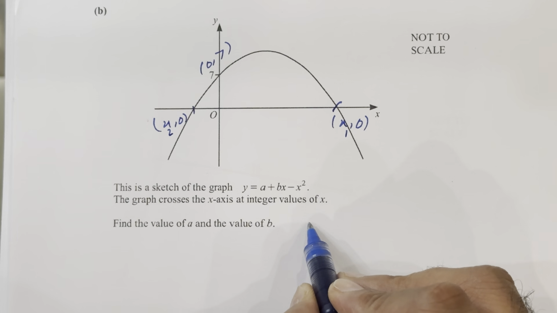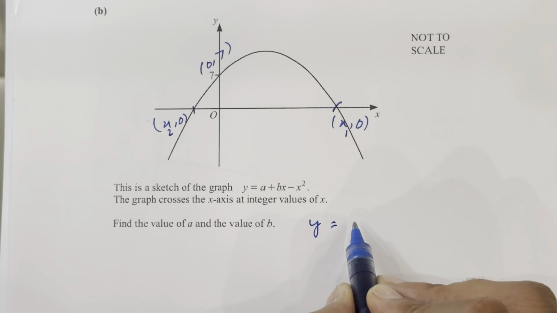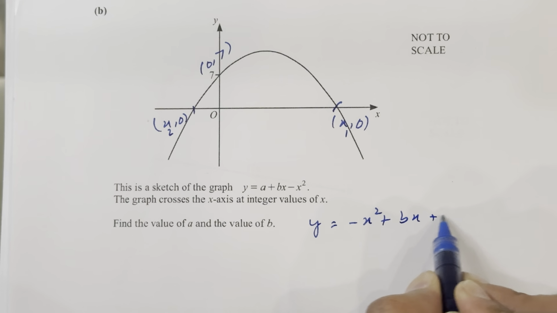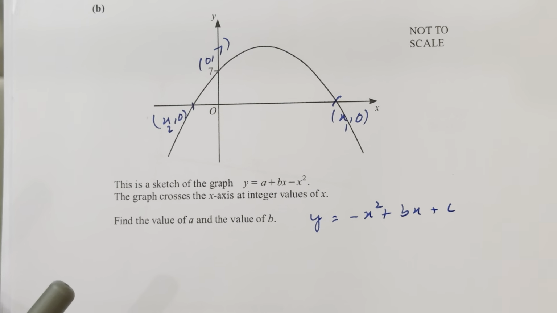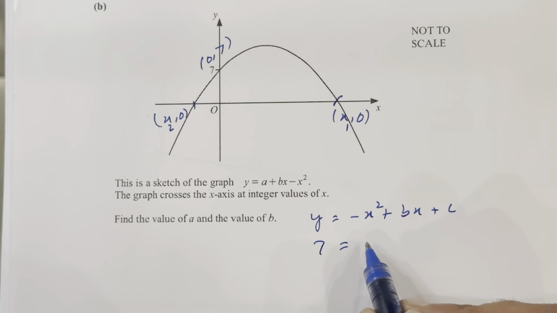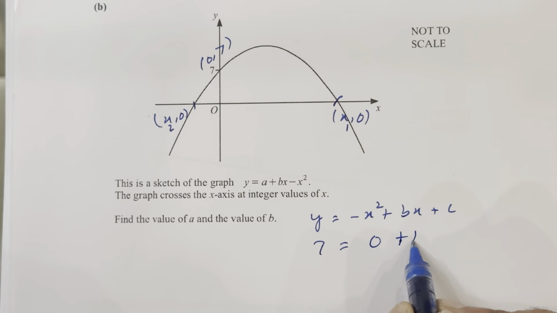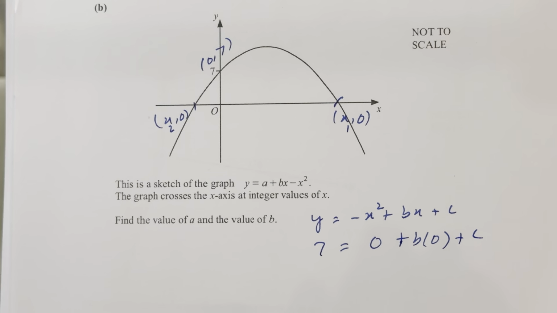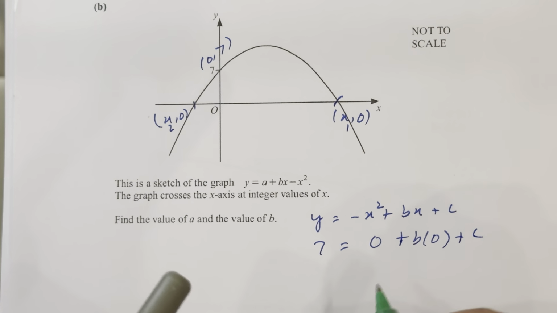Or you can say that y = −x² + bx + c. Now the value of y is 7 from the above equation, and over here x is 0. So you get the value of c, that is equal to 7.